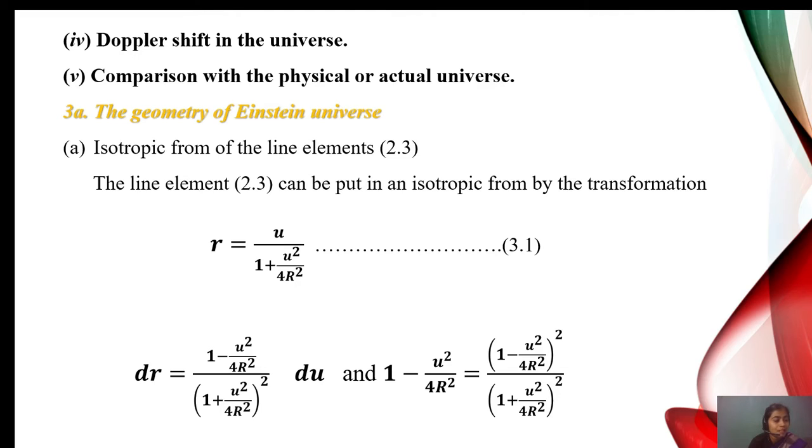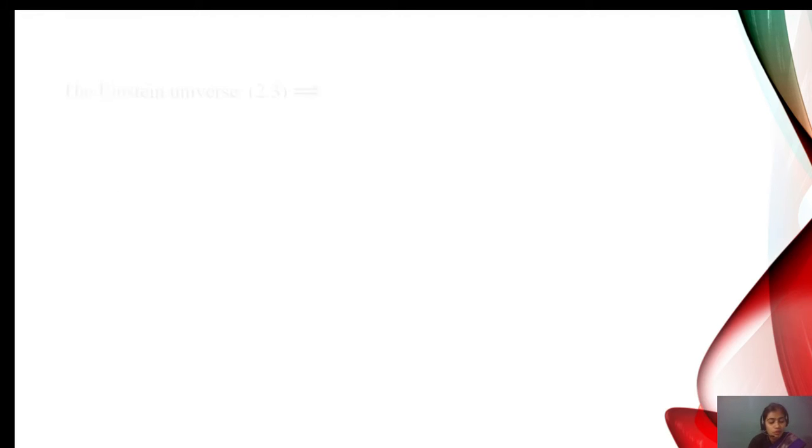This is 1 minus u square upon 4r square upon 1 plus u square upon 4r square, also written in this form. That will be generated in both of these conditions for balancing the condition.